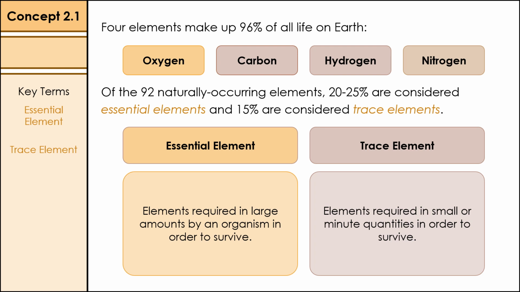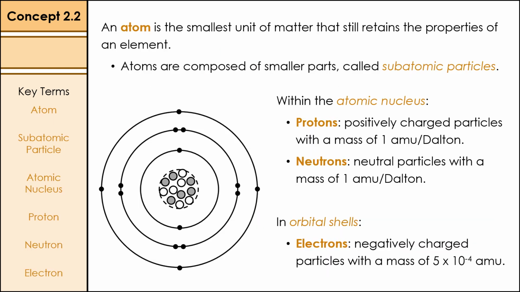So trace elements are also very important. We just require them in smaller quantities than our essential elements. They're all needed to survive. It's just how much of these elements we need really makes the difference between whether we consider it to be essential or trace.